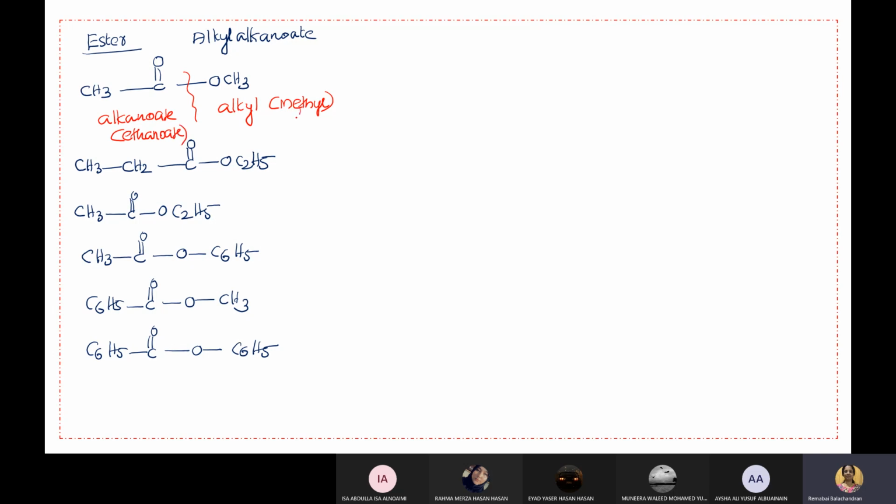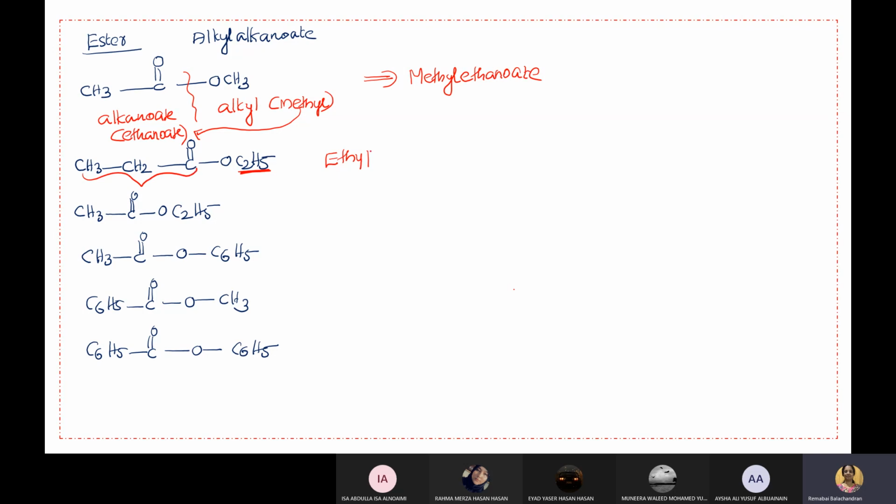So when you write first methyl, then ethanoate. So the name is methyl ethanoate. Okay, next one. Come on. The O part has how many carbon atoms? Ethyl. Yes. Propanoate. This part has 2 carbon atoms, so it's ethyl.